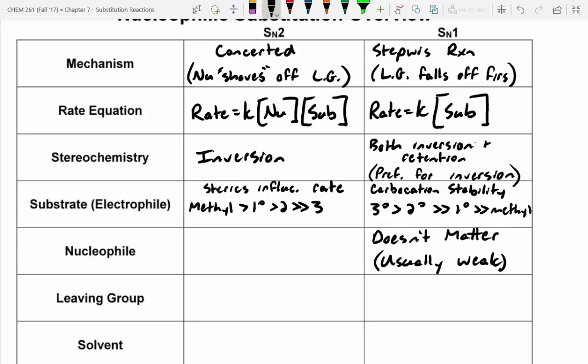And then we said for SN2, we want two things. We want it not to be bulky. And then the second one was better if unstable. So for SN2, we really do care about the nucleophile, whereas for SN1, we don't.